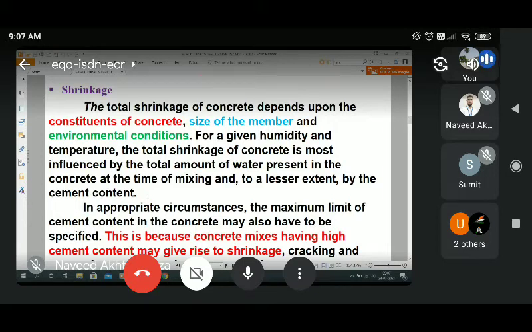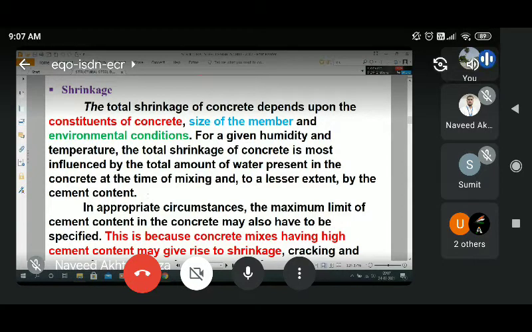A number of types of shrinkages can occur in concrete, such as plastic, thermal, which is sometimes called chemical shrinkage, autogenous shrinkage, drying shrinkage, and carbonation shrinkage.